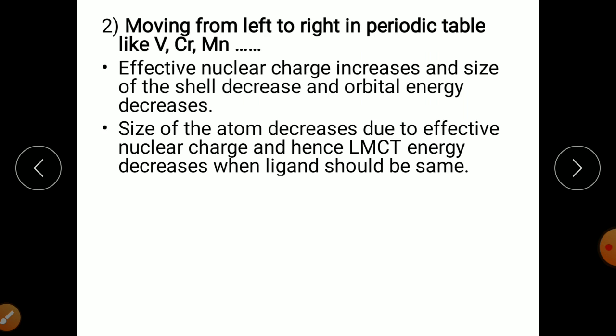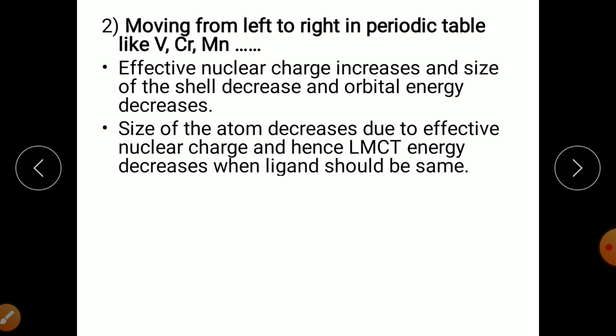Next, moving from left to right in the periodic table, for the 3d transition metal ions like vanadium, chromium, manganese, iron, cobalt, the LMCT energy decreases.